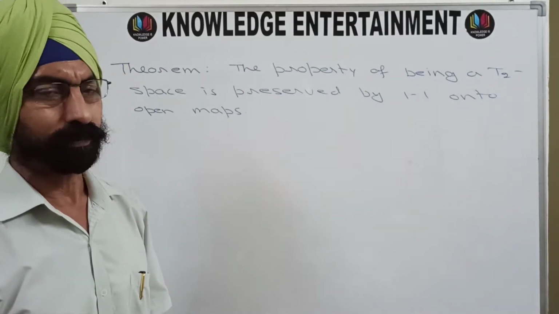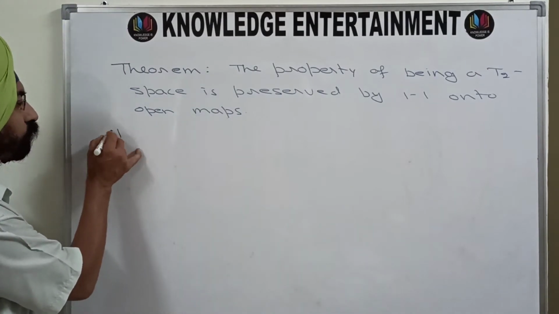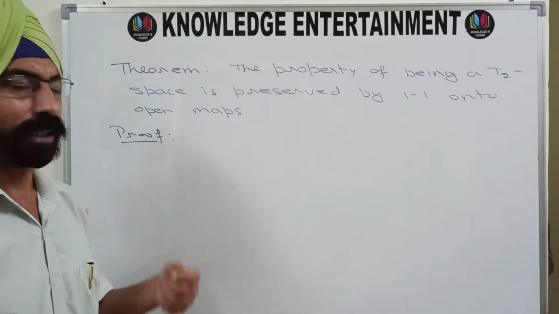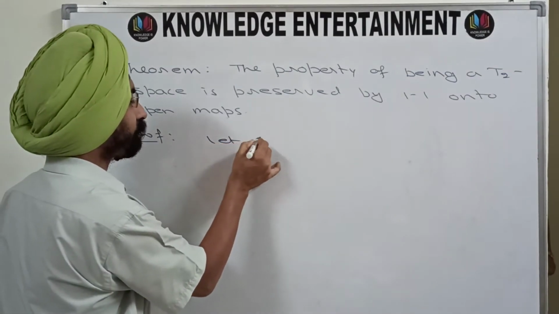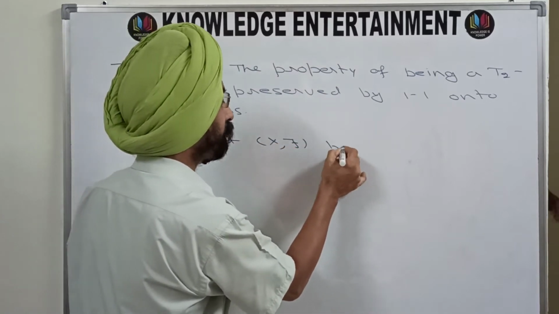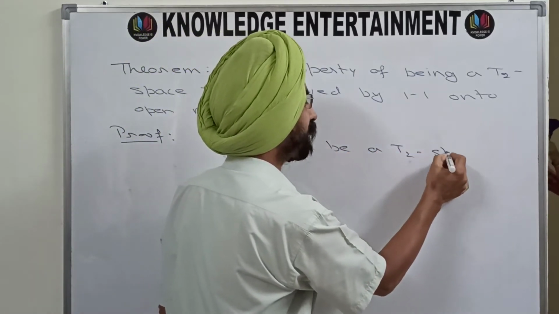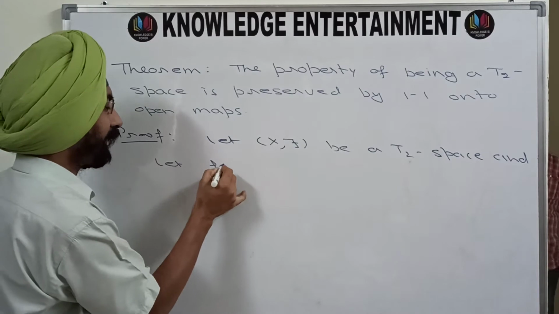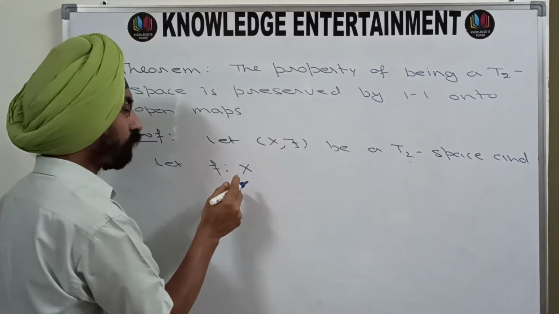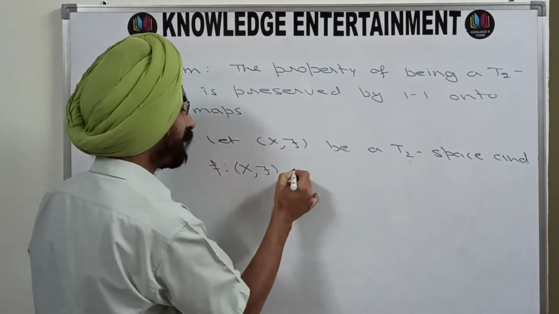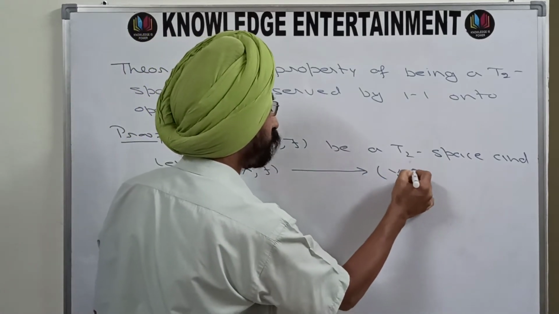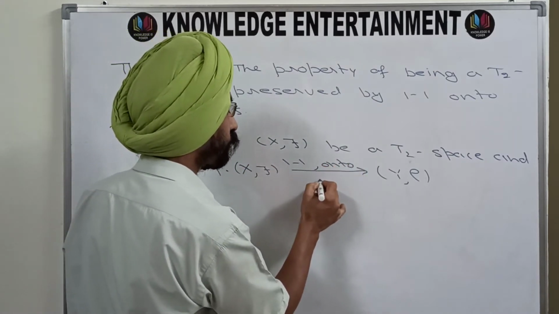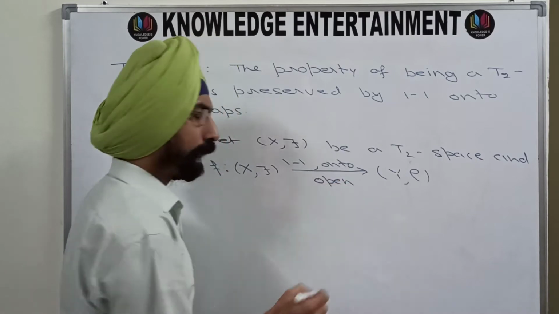So how to prove this theorem? Now I will move on to the theorem's proof. First we will write whatever is given to us. We are given that let X tau be a T2 space and let F be a map from X tau to another topological space, that means Y rho, and this is given to be 1 onto and open map.